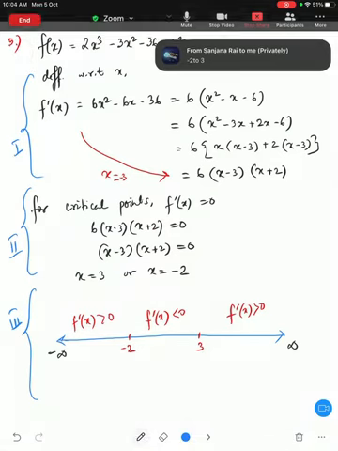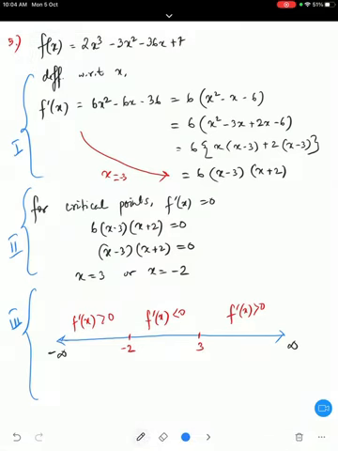Sanjana got it right. So I am asking in which interval the function is decreasing. So all I have to check is in which interval f dash x is less than 0, right? I can very much see that in the diagram, that f dash x is less than 0 between minus 2 and 3, right?